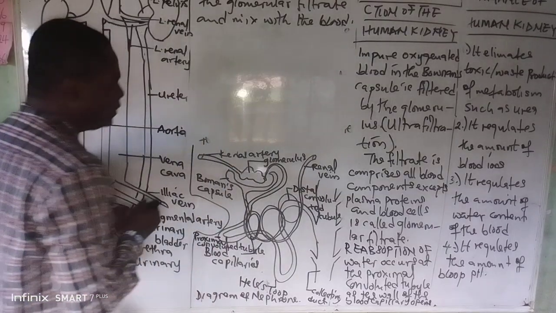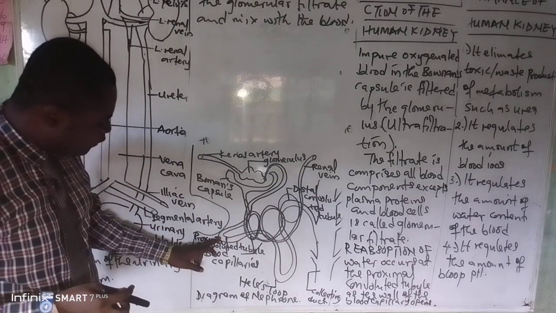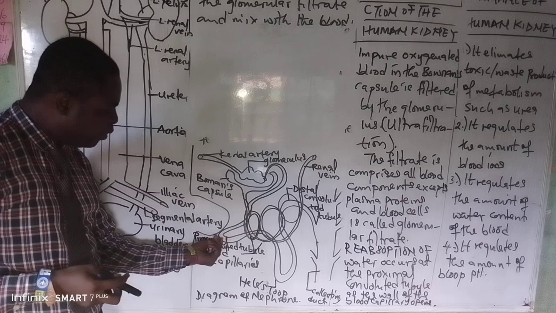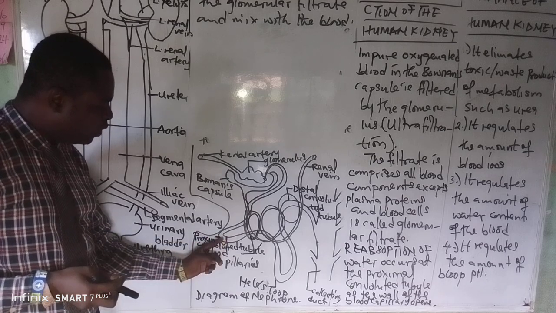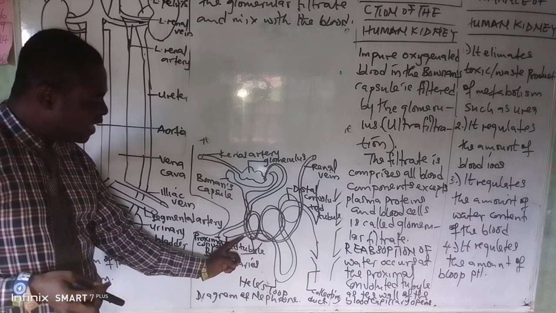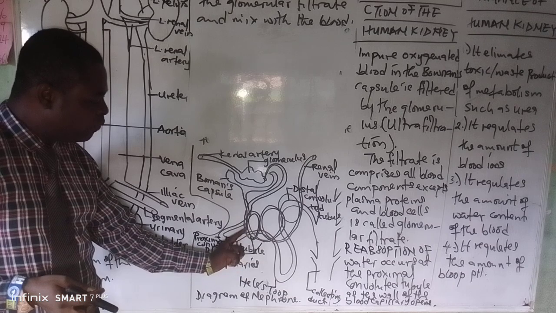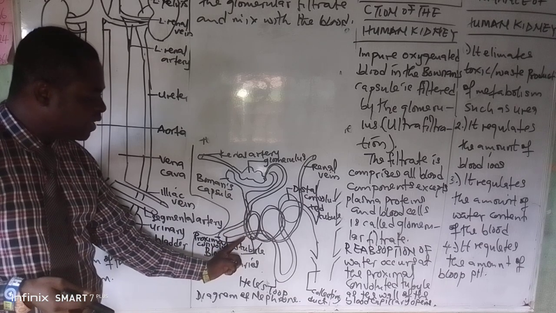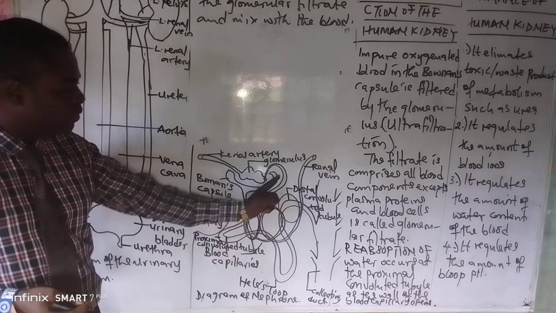What am I saying here? Here at the proximal convoluted tubule, the tiny pores of this wall open. Water from the glomerular filtrate leaves here, and there will be opening of the gate in the blood capillaries here. Water enters and mixes with the blood.